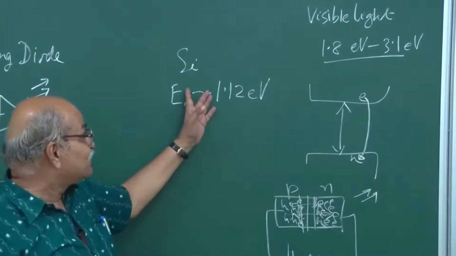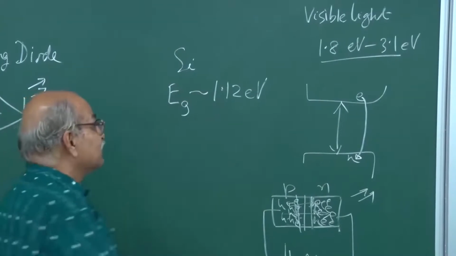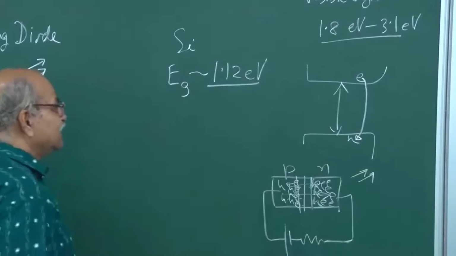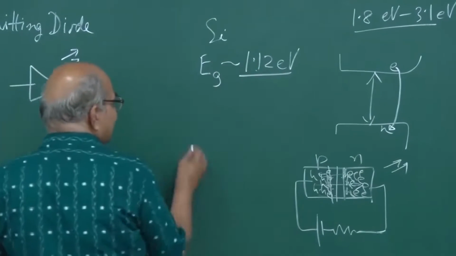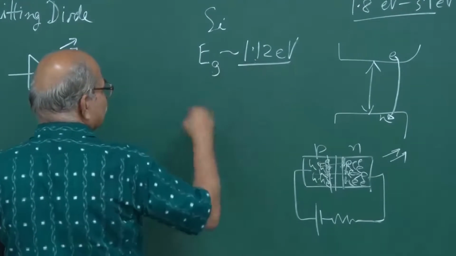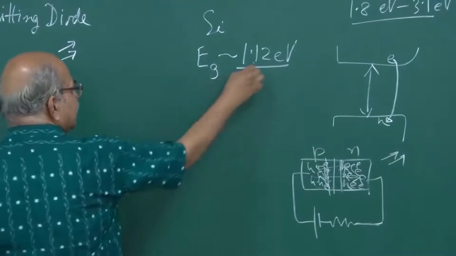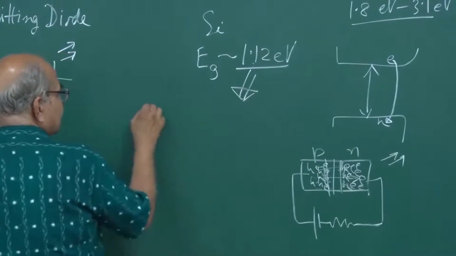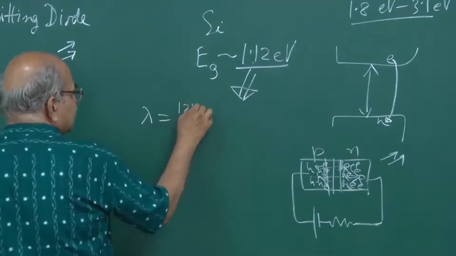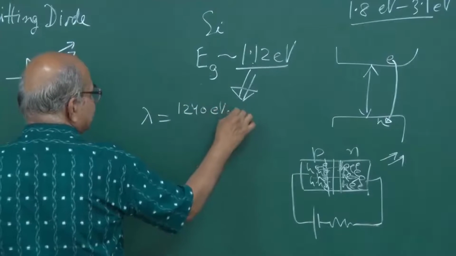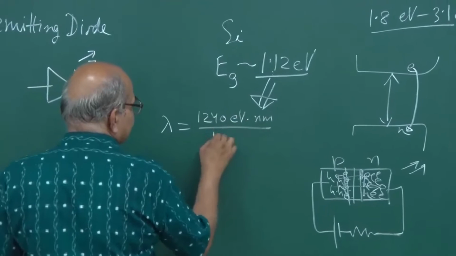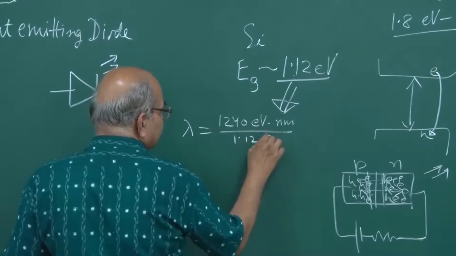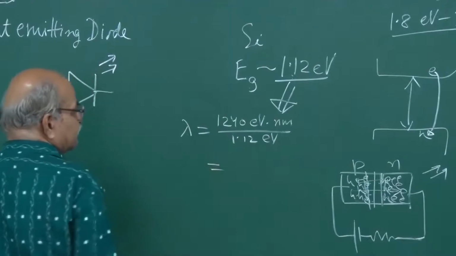If I have a silicon p-n junction with this energy gap, I can calculate the wavelength corresponding to this photon energy. That wavelength will be once again 1240 eV nm divided by 1.12 eV. So, how much will that be?